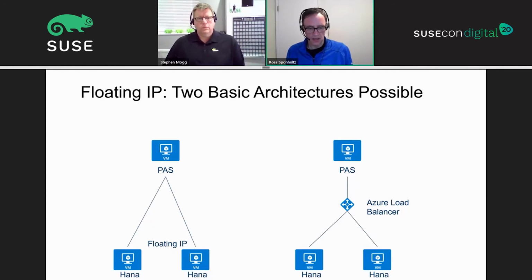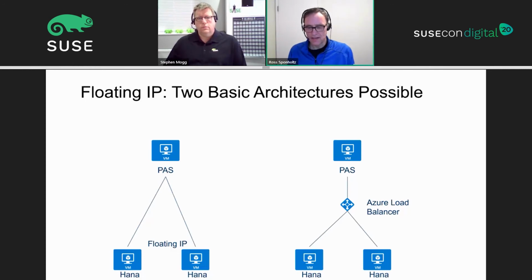So if it fails over, the cluster controls that IP address and says HANA 2 is now the server providing that floating IP address. Well, in Azure, we don't have floating IP addresses like that for clustering because of the software-based networking.